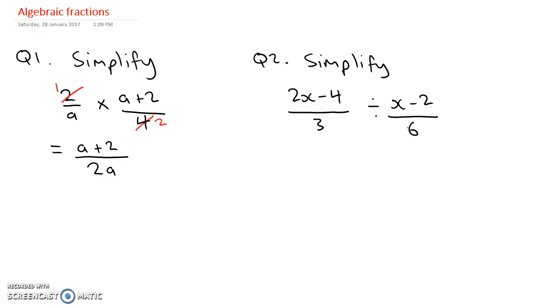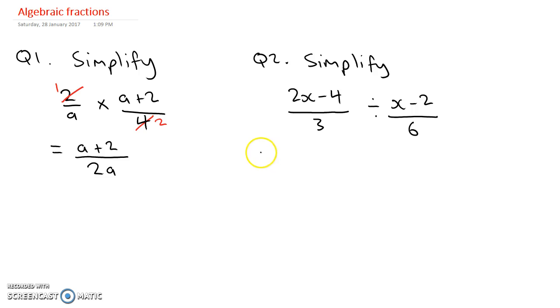Now, for division, what we need to do, our first step, is to multiply by the reciprocal of the fraction that follows the division sign. So the second fraction here, we need to flip it. The reciprocal is always just the fraction flipped.